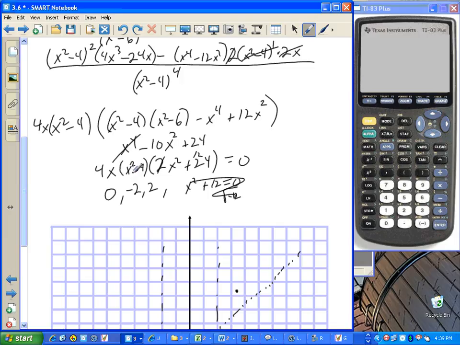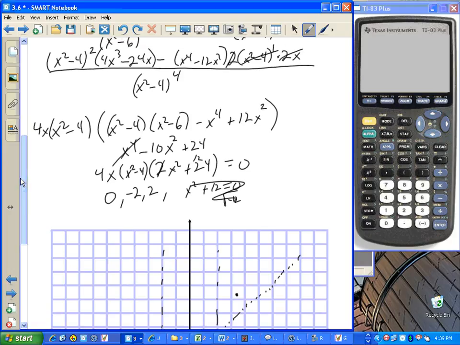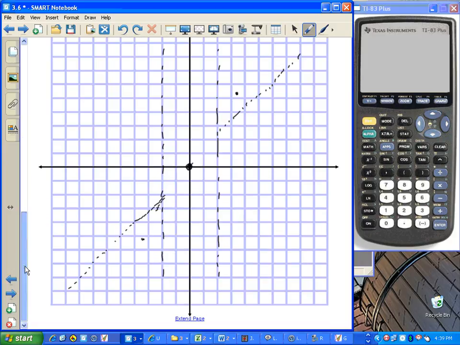This will be negative 3, so negative negative is positive, times this will be positive. So it comes out positive, so it's concave up, which means over here needs to be concave up, swooping up. So I know that it's going this way, and then the right side is going to be coming this way. Okay, so I'm approaching my asymptote that way.